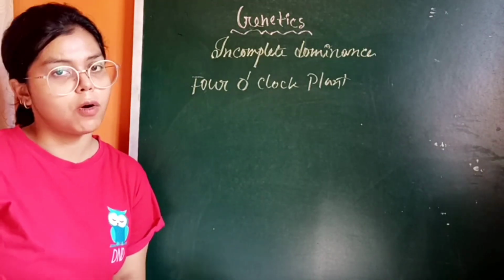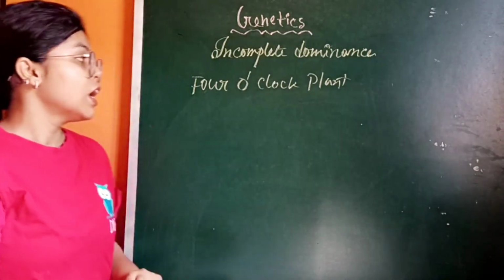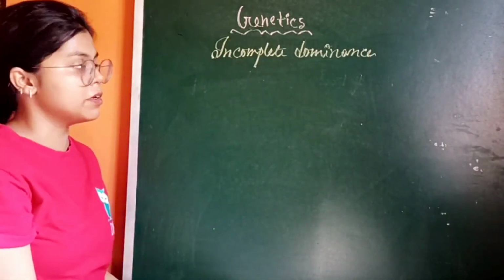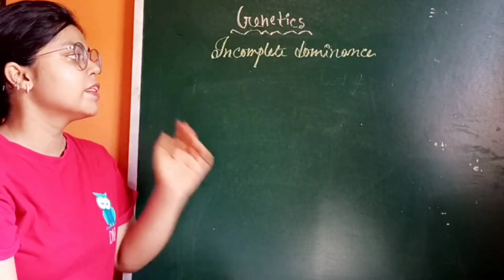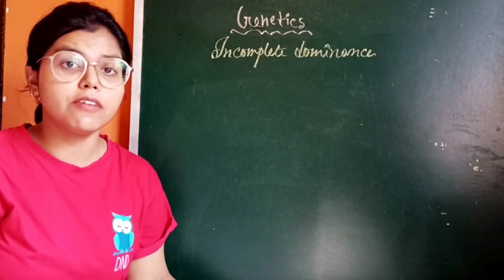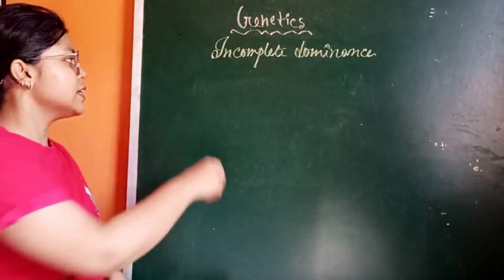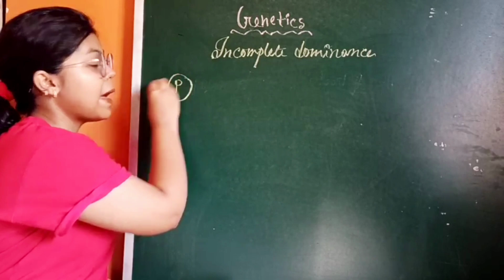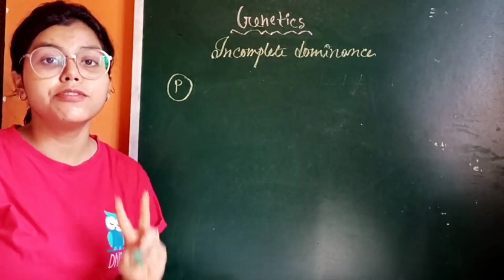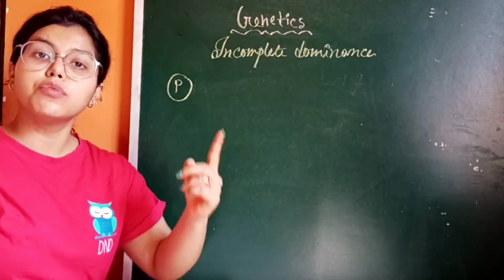So we will discuss all about the experiment. First let me give you the introduction of the experiment. He took two plants having two different colors of flowers. At the P, which is the parental generation, he took two different colors of flower, one is red and another one is white.